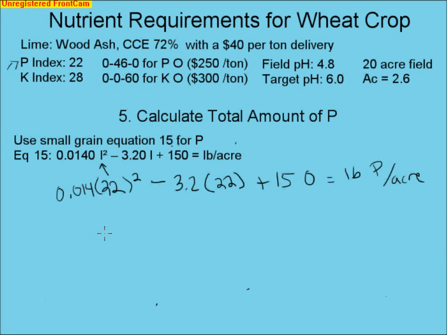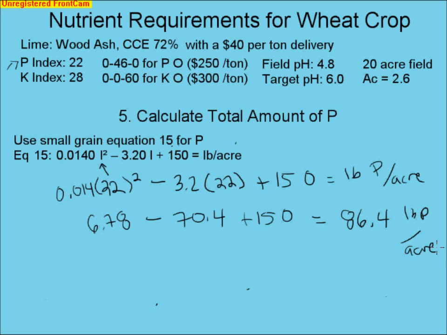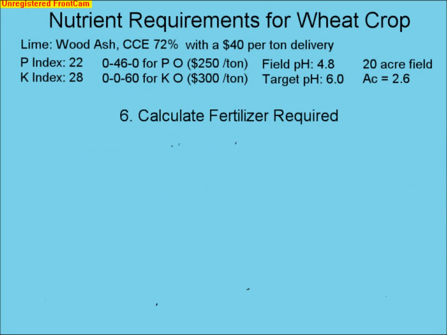This value calculates out to being 6.78 minus 70.4 plus 150, which equals a total of 86.4 pounds of phosphorus for every acre. Our next step after we get pounds per acre is to actually calculate the total amount of pounds.